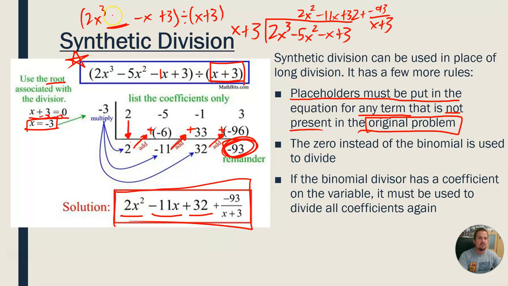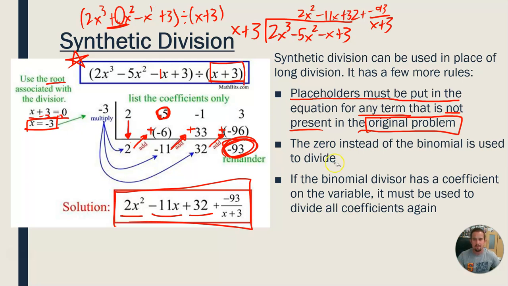Well, if I do synthetic division, I would need to put a 0 in its place. So right here, instead of negative 5, there would be a 0. I can't just leave it out. I do need to have a placeholder for every single term from x cubed down to x squared, down to x to the first, down to the constant. Every degree term that would be there needs to have a placeholder.